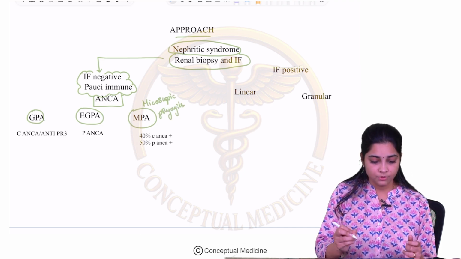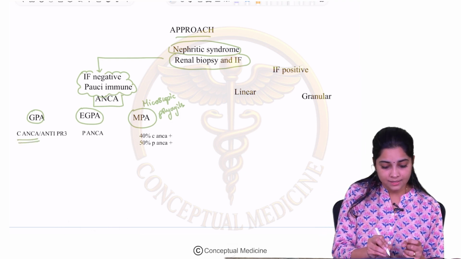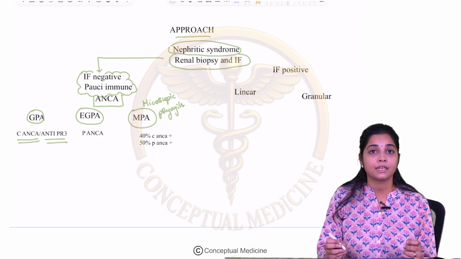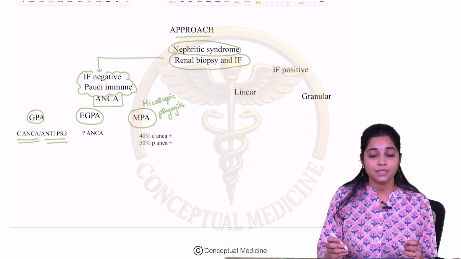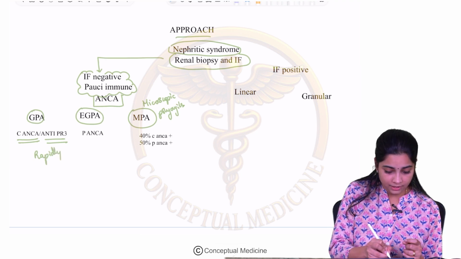Okay, so GPA is a condition which is characterized by C-ANCA or anti-PR3 ANCA positivity. So how does it present? It presents with a rapidly progressive renal failure, right?